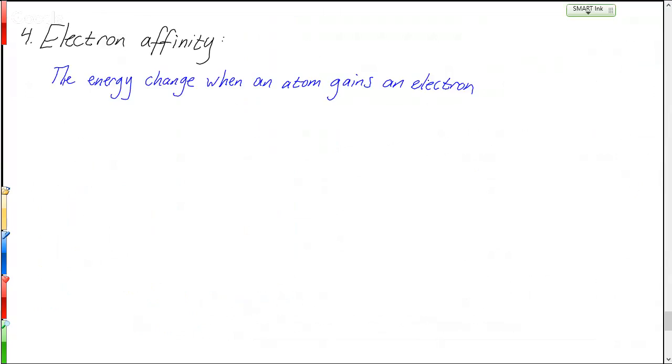So we're talking about something like this. Chlorine gains an electron and becomes an ion in the gas state. And there's some energy associated with that. For chlorine specifically, the change in energy here, which is called the electron affinity, is negative 346 kilojoules per mole. So the fact that it's negative tells us what?